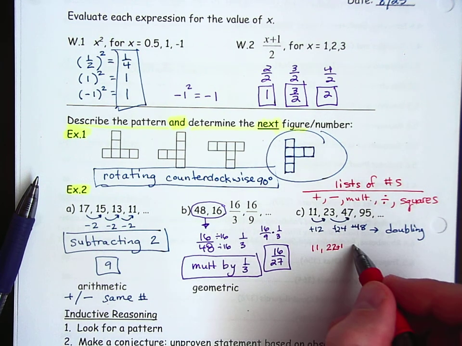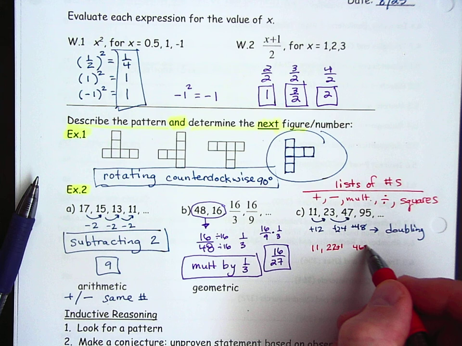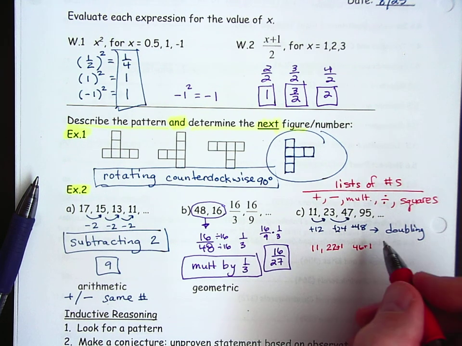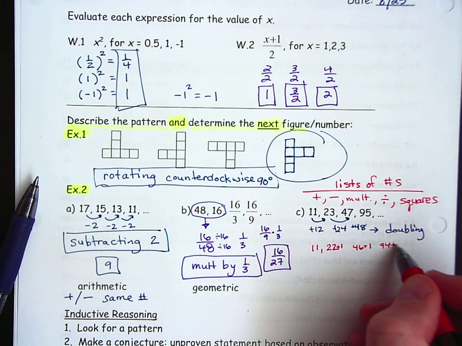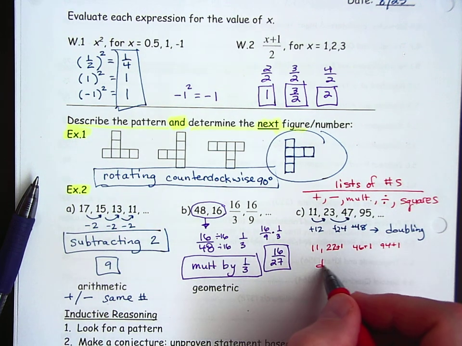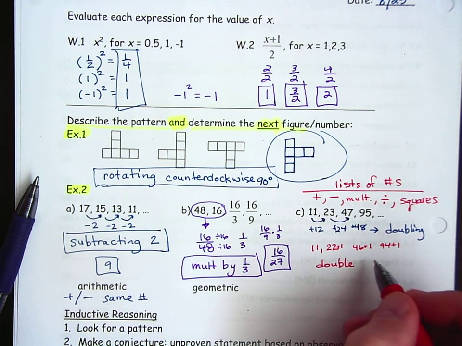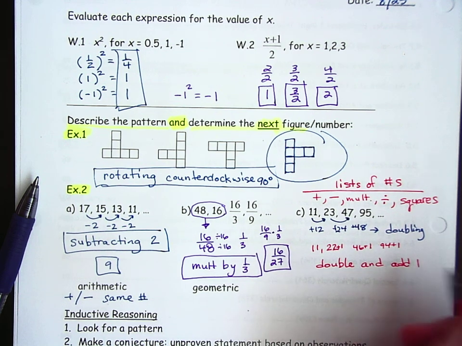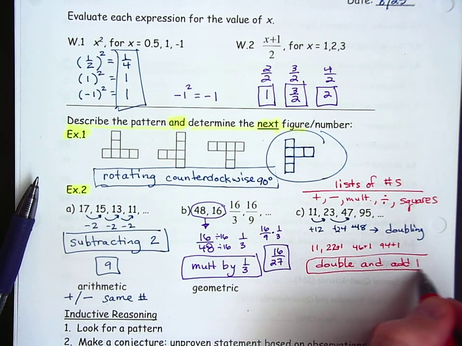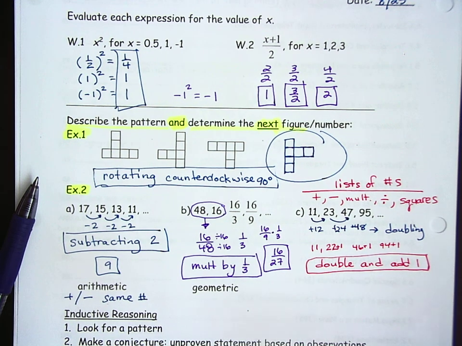And if we double 23, we would get 46. But we would need to add 1, so it would be 47. If we double 47, we get 94, but we would have to add 1. So the pattern is double and add 1, would be one way you could say that. There are other ways. Multiply by 2 and add 1.